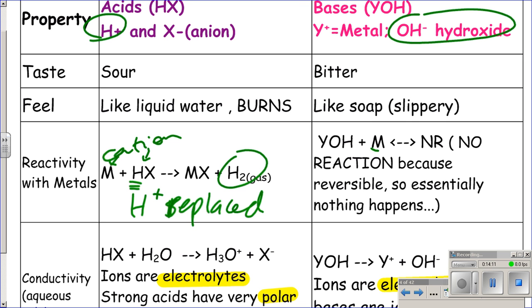So this metal, which is a cation, trying to replace this cation, it can happen, but it stays there for a nanosecond and then reverts right back to the original form, basically looking to us like nothing happened. So we generally call that no reaction because it's reversible and it goes right back to the original form. We'll see some no reactions in the lab like we did in one of our replacement reactions labs. Good so far?